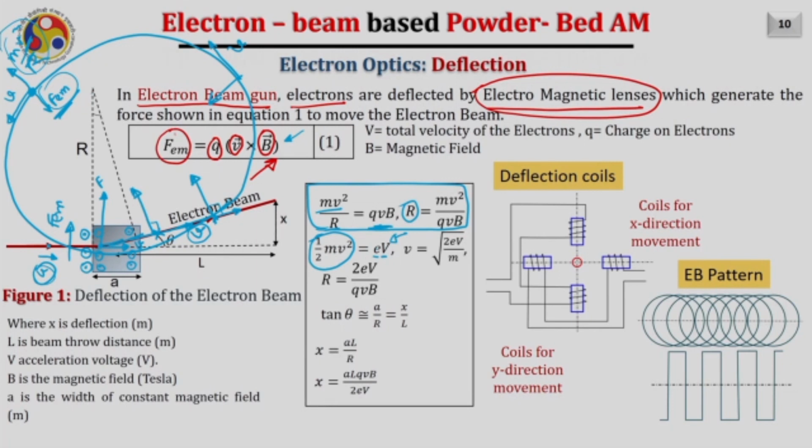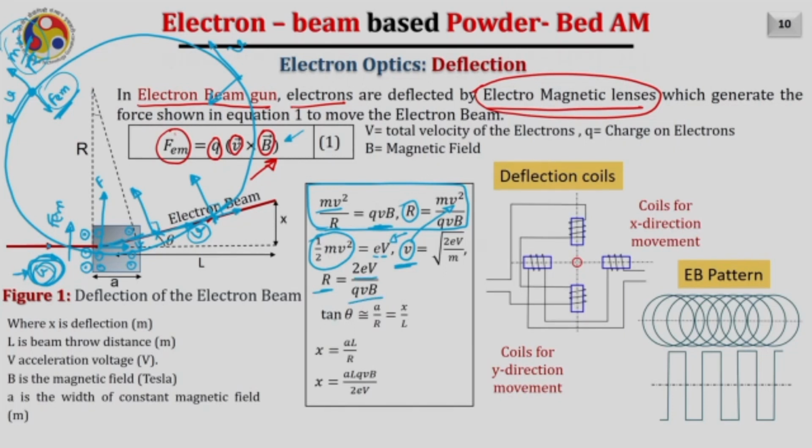As a result, from here we can also find the velocity of the particle. Of course if the voltage increases, this velocity will also increase. So now we know the velocity, and the other parameters are controllable or known to us. Let us now put this value of v in this expression, and as a result you will have r equals 2eV by qvB.